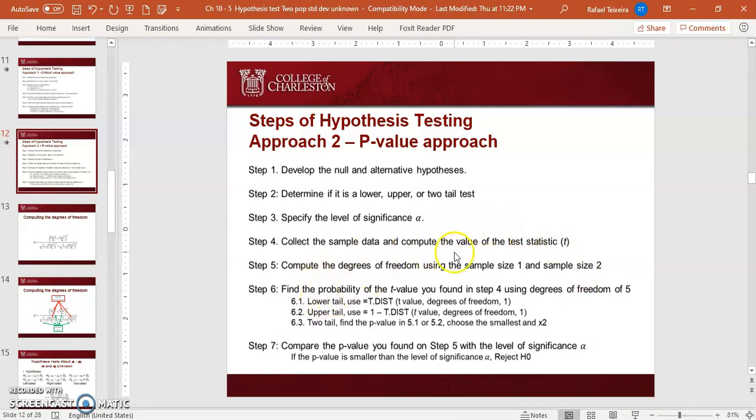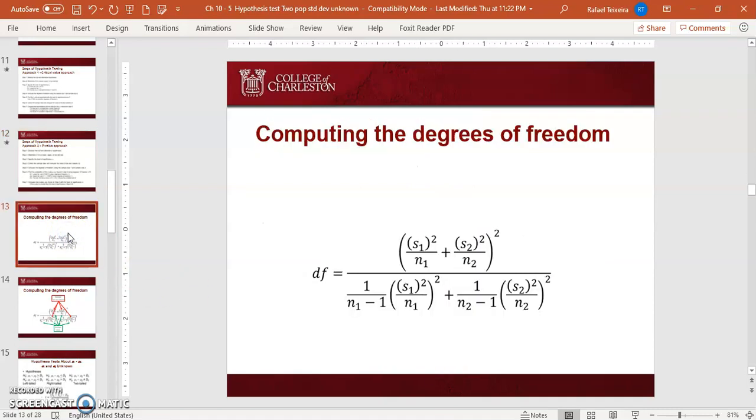And then, after getting the t-statistic and the degrees of freedom, you find the probability for this t-statistic. If it's lower tail, this is the formula you use. If it is upper tail, that's the case. You do this formula. If it's two tail, you do both formulas, choose the smallest value and multiply by 2. And then you compare the p-value you found with the level of significance given here, okay? Those are the steps I'm going to show you in the next videos.